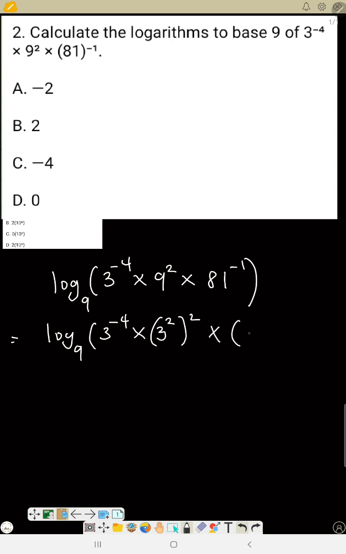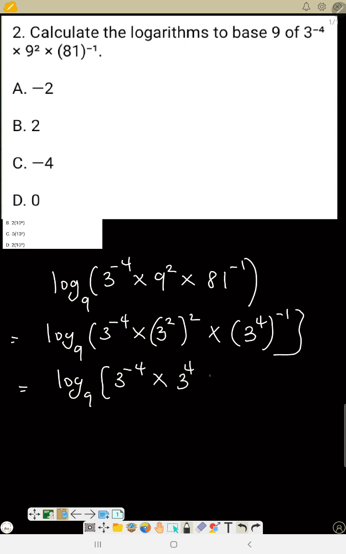Then 81, the index form is 3 raised to power 4, raised to power minus 1. So now this becomes log to base 9 of 3^(-4) times 3^4 times 3^(-4). That is 2 times 2, 4, and 4 times minus 1, minus 4.